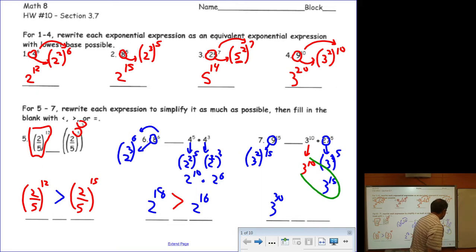You would then multiply these together, and so you would add the exponents and get 3 to the 25th power. And of course, since they have the same base and 30 is the bigger exponent, that is the bigger number.